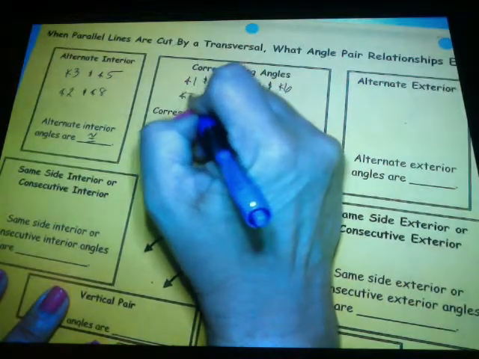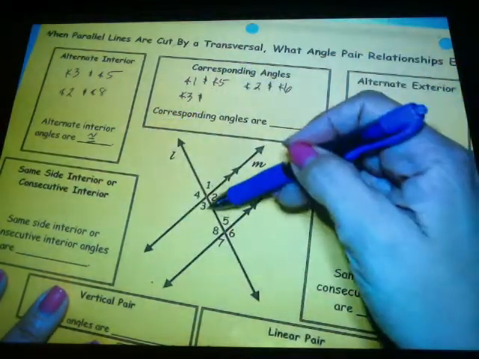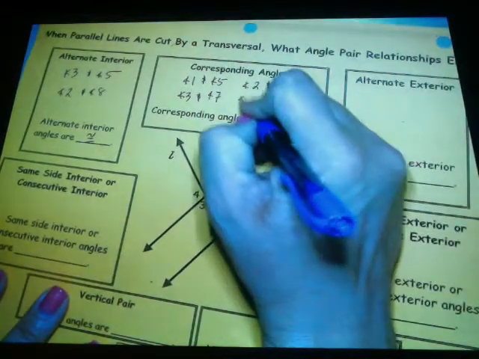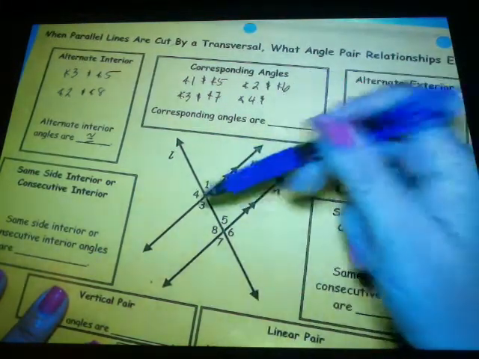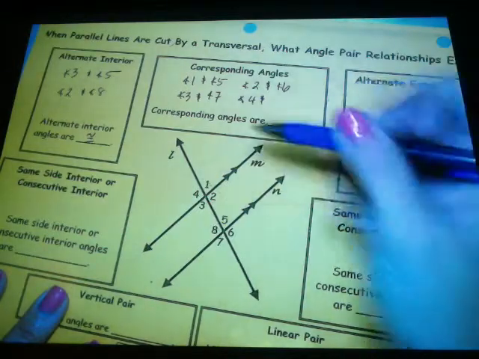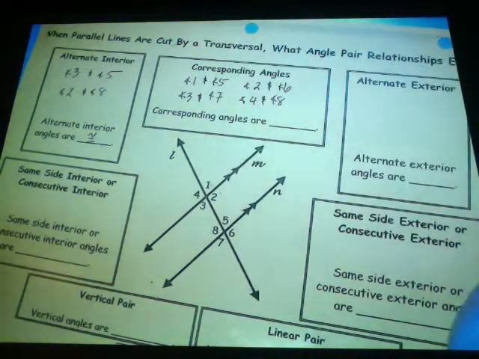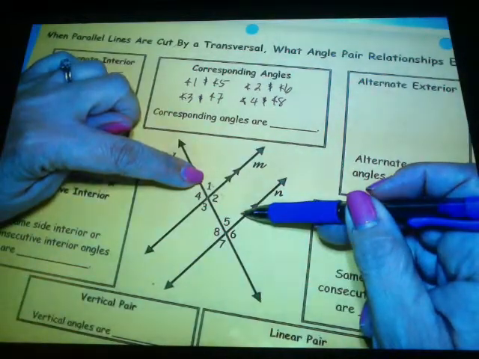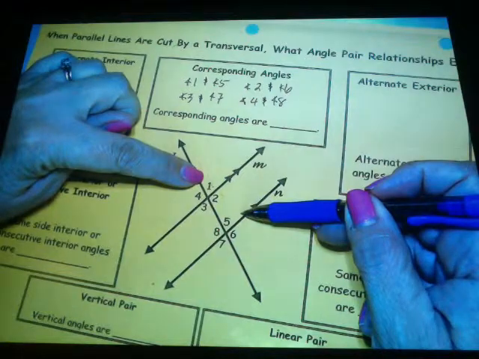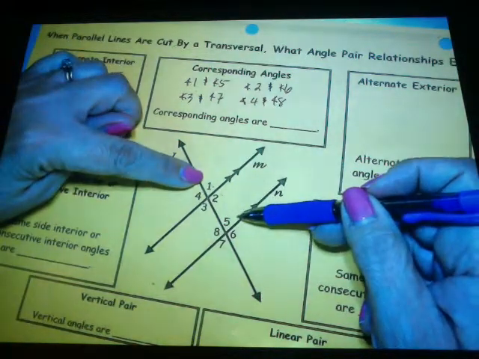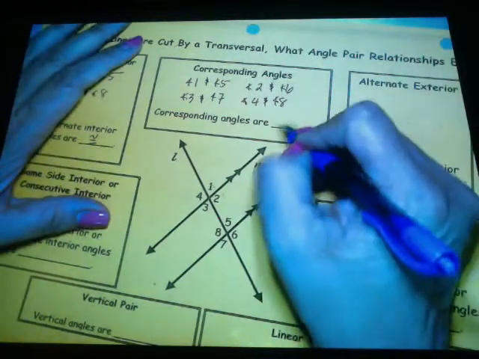Angle 3 and angle 7. Angle 4 and angle 8. Corresponding angles are what to each other? So look at angle 1 and angle 5. What do they appear to be? Because I'm looking for congruent or supplementary, right? So they appear to be congruent because they're both acute, right? So again, these are congruent.